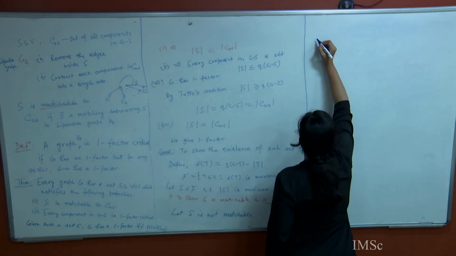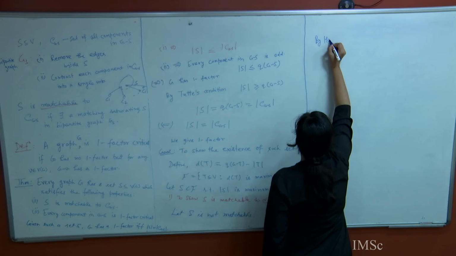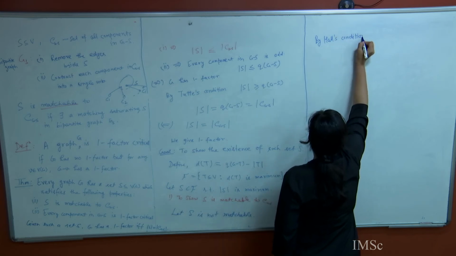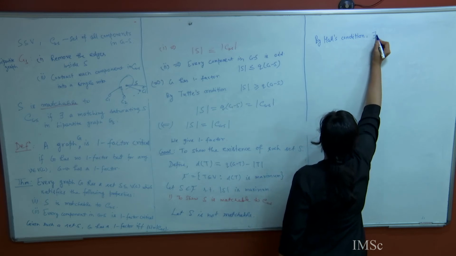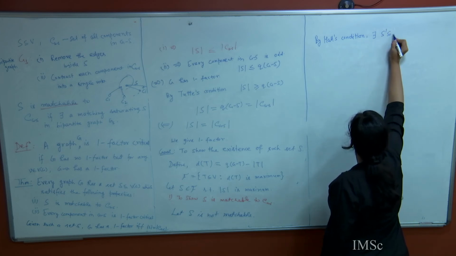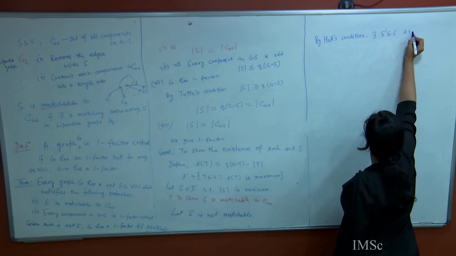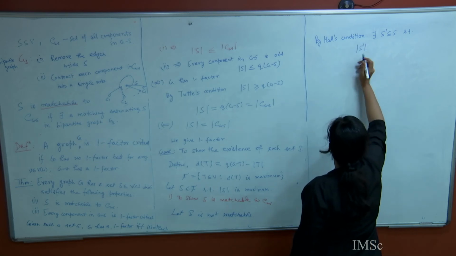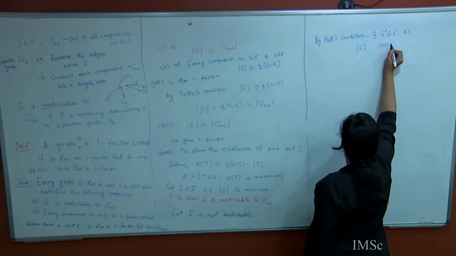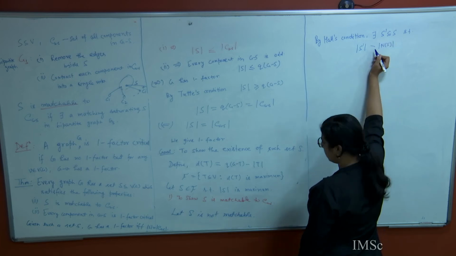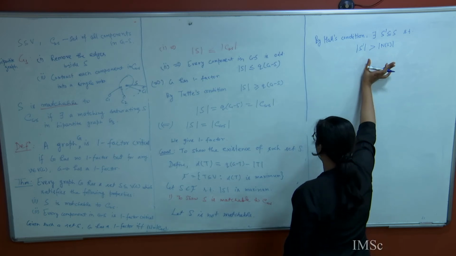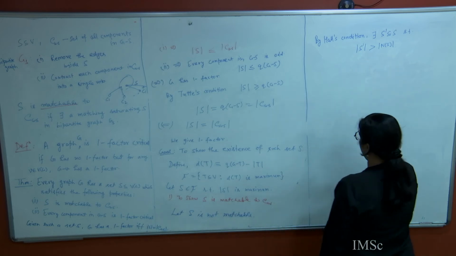That means by Hall's condition, there exists some subset S prime of S such that the cardinality of S prime is strictly greater than the cardinality of the neighborhood of S prime.